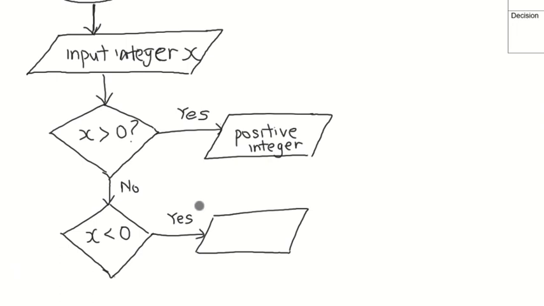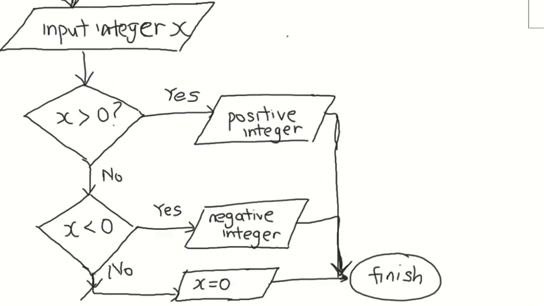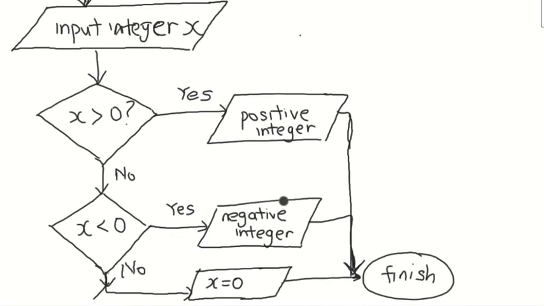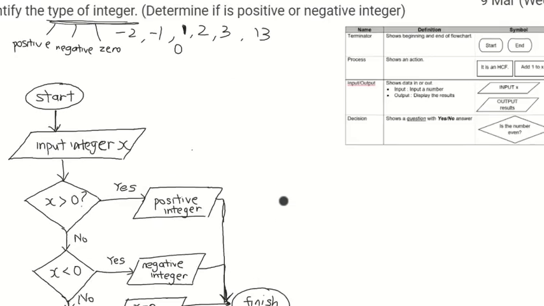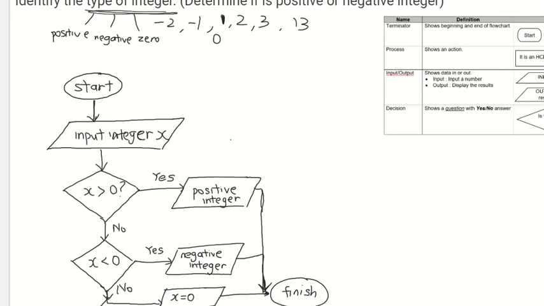Sorry, I have no space already. I have no choice but to do this. If it's no, you can conclude something. So I'll link it back to the finish line. And we're done with this flowchart.